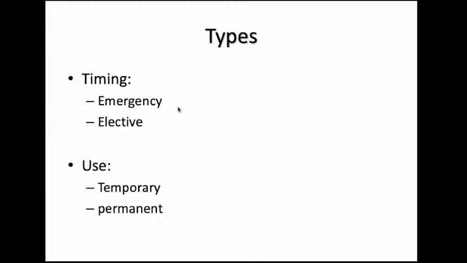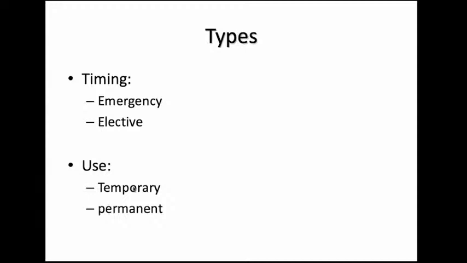Elective is when you decide, for example, you're operating on a patient and you think they are going to have a lot of edema, and you decide, I want to put a tracheostomy just to avoid the edema that will come up later, and then you remove that tracheostomy at a later stage when the edema has come down.